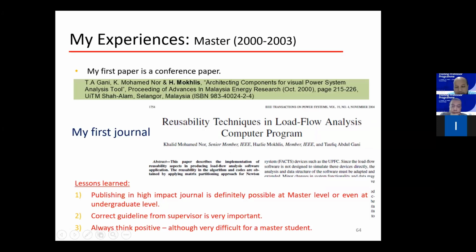I finished my master 2003. At that time I was doing master by research, and I remember it's not easy, and I don't have any experience of publishing, but my supervisor, Professor Khalid, he pushed me a lot. So I need to try my best.